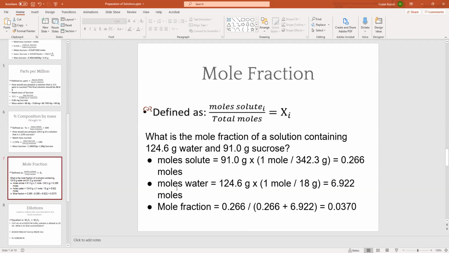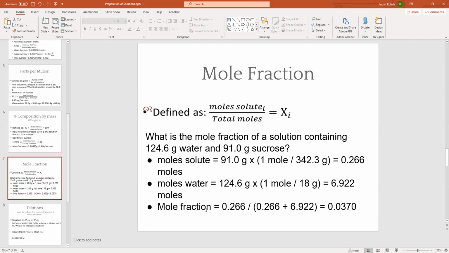Again, we will go ahead and find the moles of water by using the molecular weight of water, which is 18 grams per mole. And we have been given here the mass of water to be 124.6 grams. So the moles of water would be 6.922 moles.